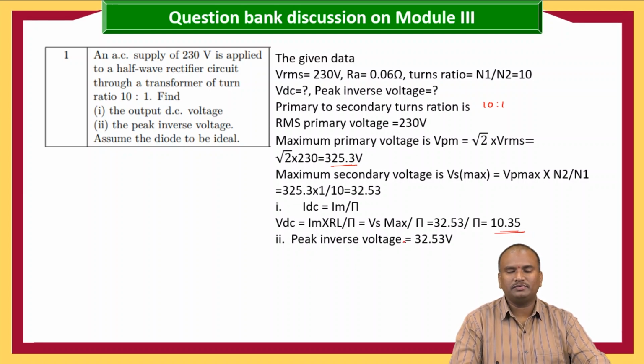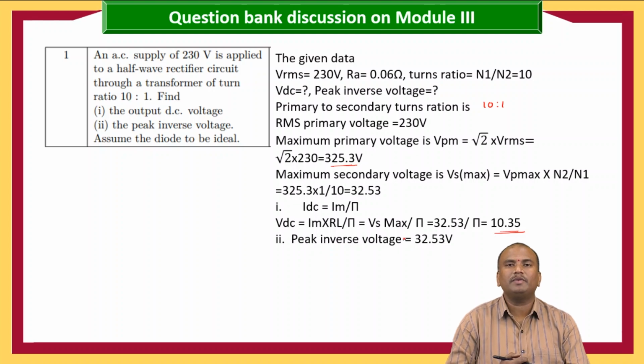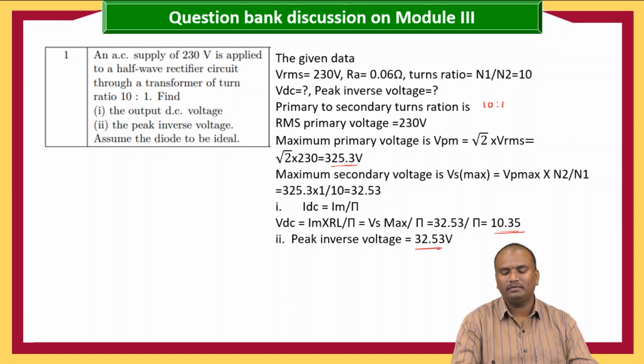And the peak inverse voltage is the maximum voltage which the diode can withstand in the reverse bias condition. That is in the negative half cycle, what is the peak which we are going to get? That is the same as the positive peak, that is 32.53 volts.